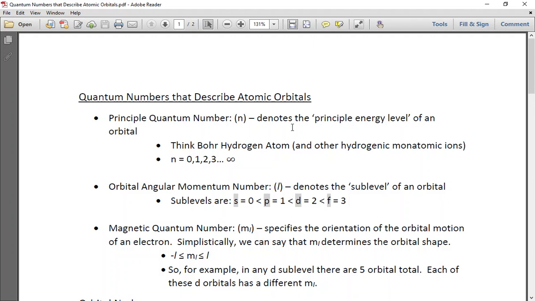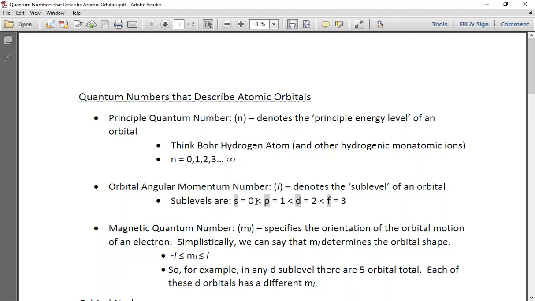Now the second quantum number that we use to describe orbitals is the orbital angular momentum number, this italic l, and it denotes the sublevel of an orbital. Orbitals are found in principal energy levels, and then within their given principal energy level, they're found within a sublevel, and the sublevels are denoted as S, P, D, and F. Each of these sublevels has an integer orbital angular momentum number assigned to it.